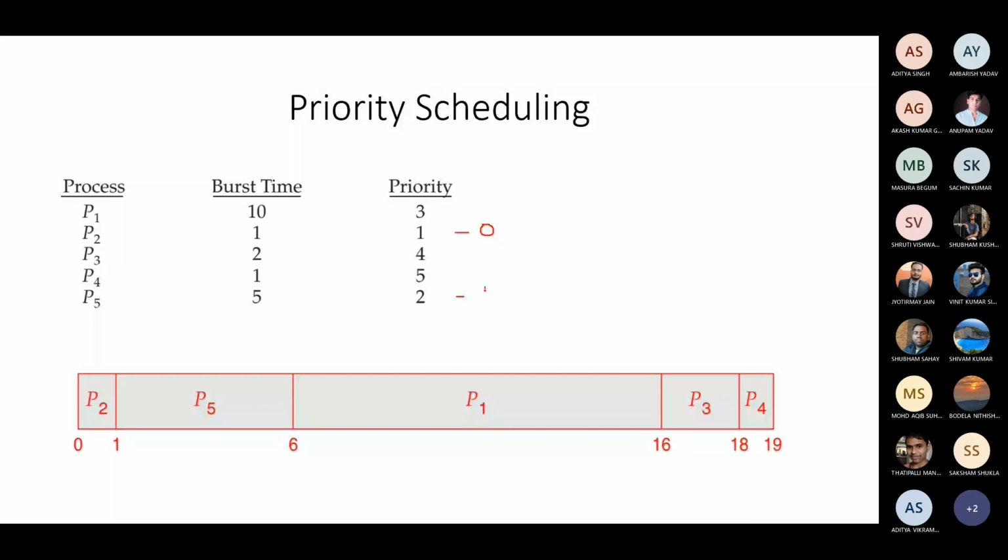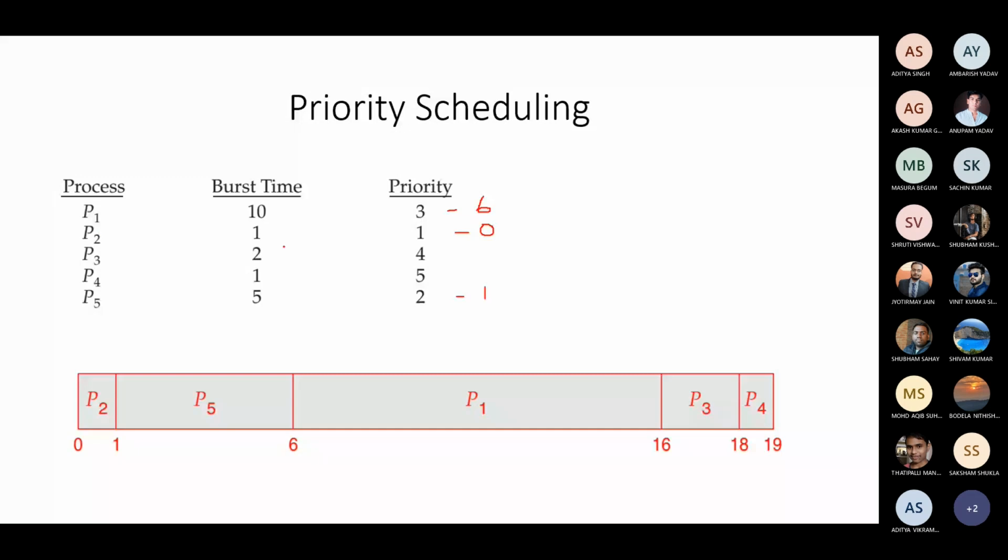Next, third priority, how long did it wait? 6. The burst time is 5, and the P2 burst time is 1. 1 plus 5, 6. So P1 waited 6 milliseconds. Is that correct? Yes, sir. Okay. P1 waited 6 milliseconds.